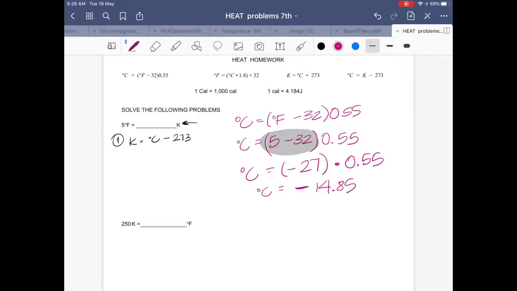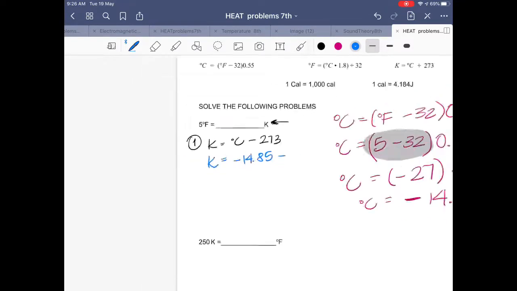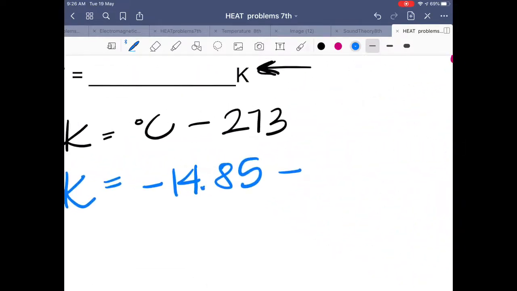So now Kelvin equals negative 14.85, I'm sorry, here it's a plus 273.